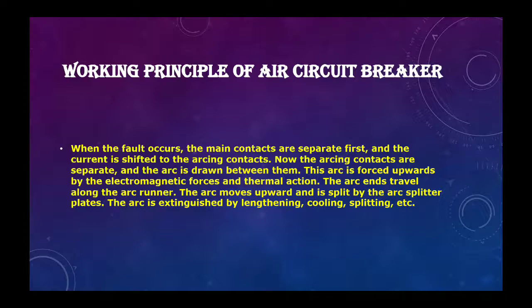The arc ends travel along the arc runner. The arc moves upward and is split by the arc splitter plates. The arc is extinguished by lengthening, cooling and splitting. Okay, so that is mainly the high resistance method of arc extinction.